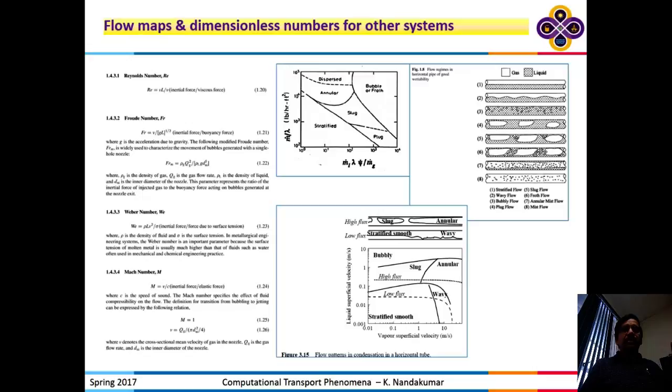So expressing them in dimensionless numbers and developing dimensionless maps helps to some extent, but it is not the solution. What is the solution? A rigorous model that captures the interaction between the phases on the dispersed phase scale, on the size of the droplet, on the size of the bubble.